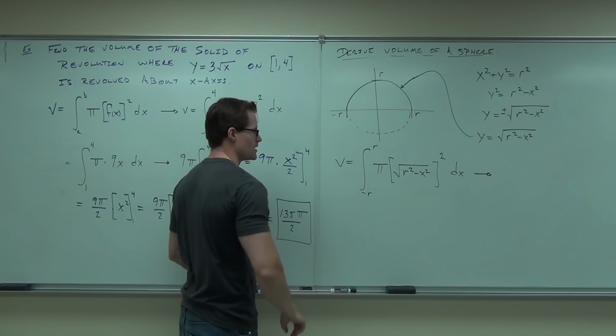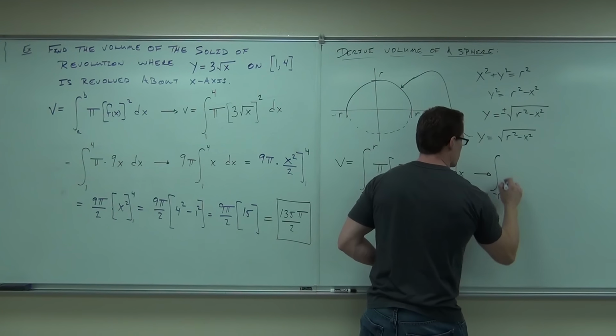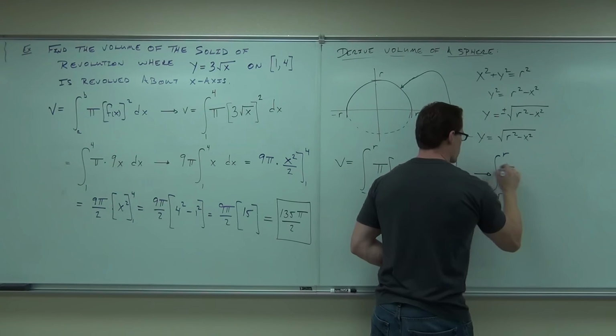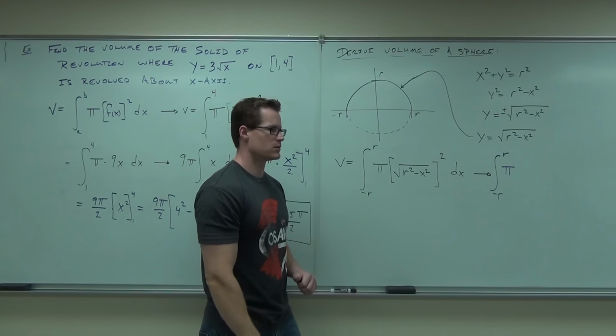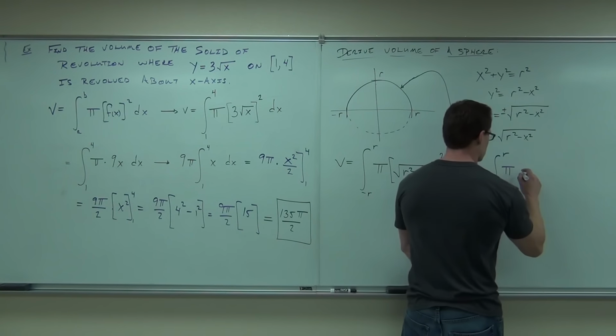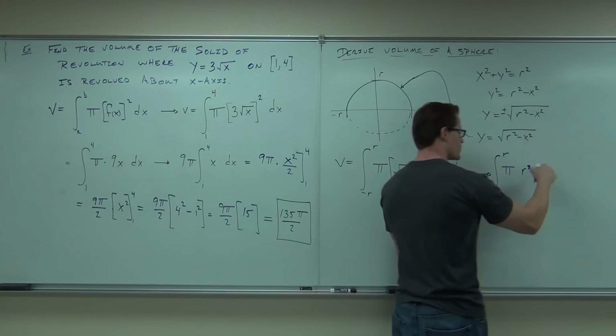So this is an integral from negative r to r of pi. Great. What happens here? Do I still need parentheses?